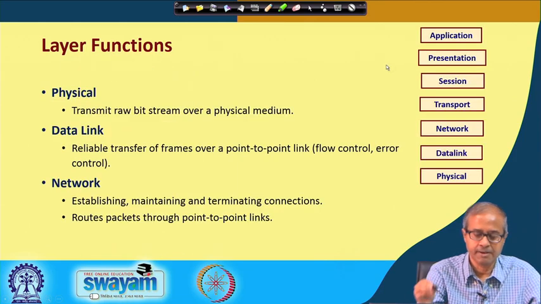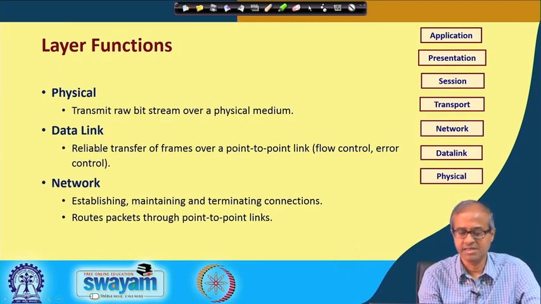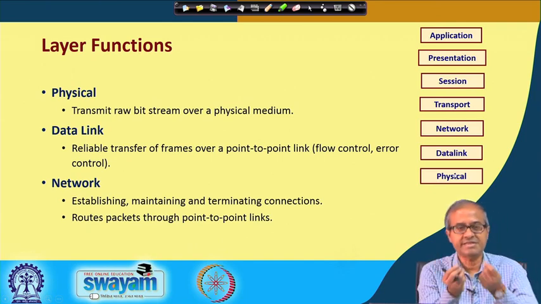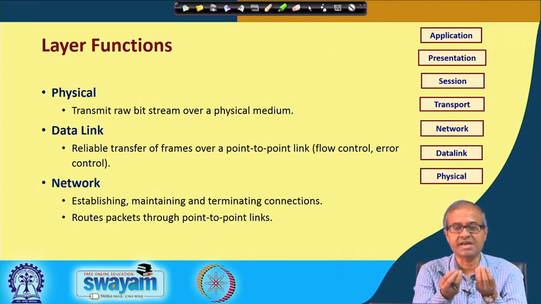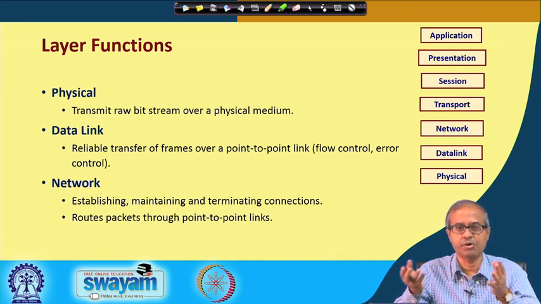First let me briefly talk about the function of the different layers. The lowermost layer, the physical layer, concerns the electrical, or in whatever way you are sending, either using electrical signals or using optical signals in fiber optics.